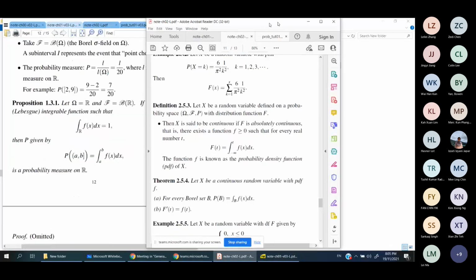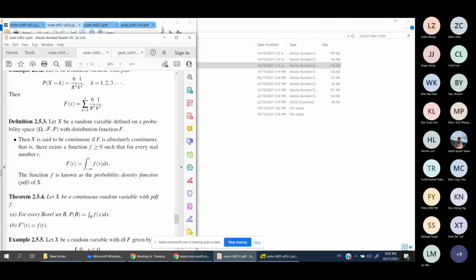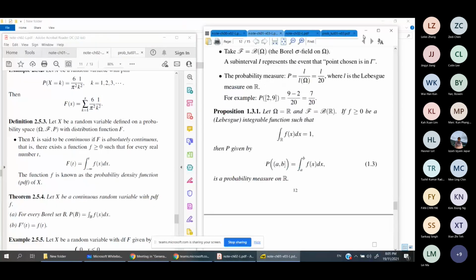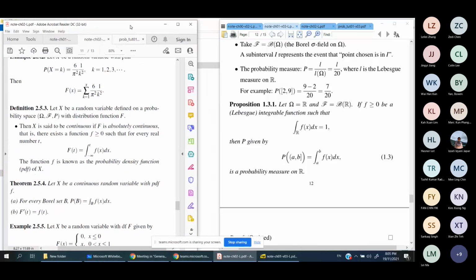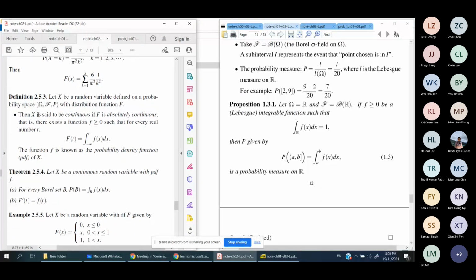So this is the case over here. Compare that. This is how we define the so-called absolutely continuous random variable. We say that X is a continuous random variable provided we can have a non-negative function f such that F of t equals this, the distribution function is given like this.